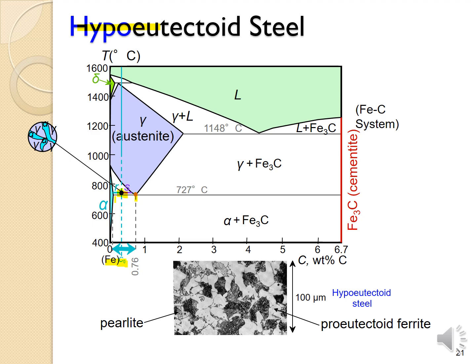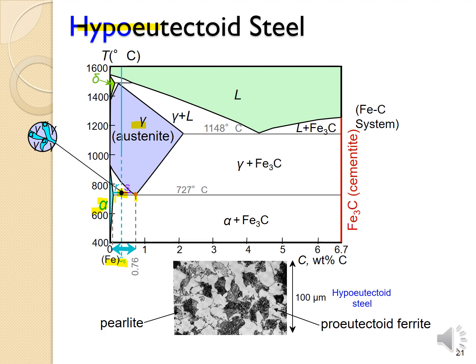So we're going to draw the tie line right at this region. Just before it, we draw the tie line, and on both ends of the tie line are the phases that exist now, right? So we will have the alpha ferrite, and then on the other side of the region we have the austenite region. So the two phases are alpha ferrite and austenite.